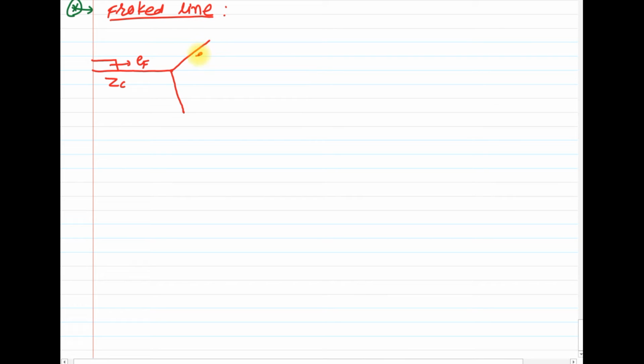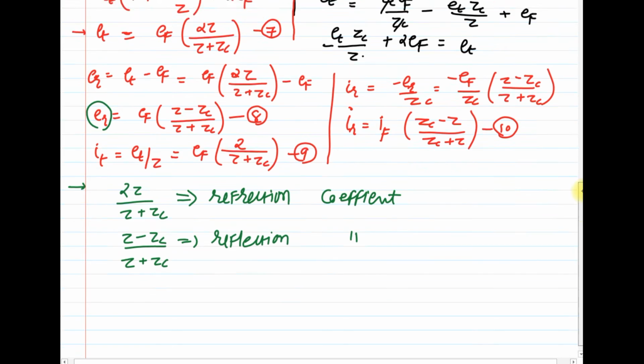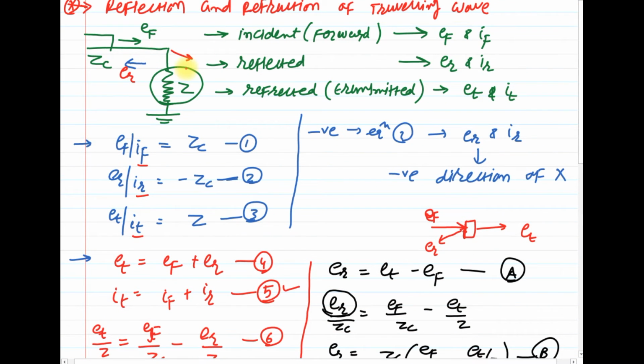That means ET, IT1, ET, IT2, and the different impedances Z1 and Z2. So in the previous case, we have seen that the transmission line is terminated in only one impedance.